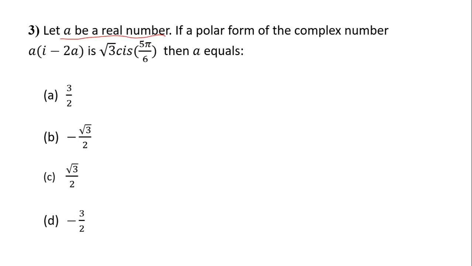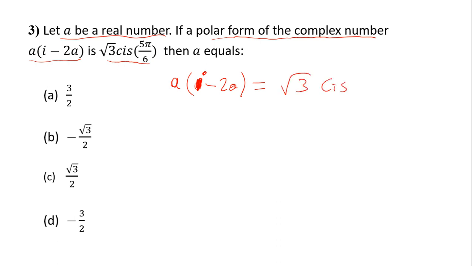So let a be a real number. If the polar form of the complex number ai minus 2a is square root 3 CIS of 5 pi over 6, then a equals what? Okay, now what is given to us is this: ai minus 2a is equal to square root 3 CIS 5 pi over 6.